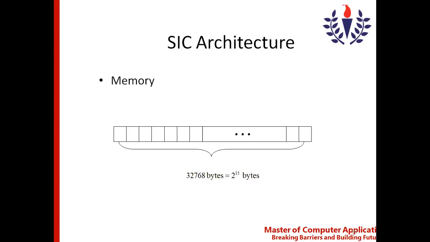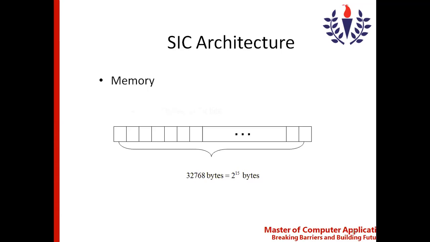The capacity of the memory in SIC is 2 power 15 bytes, which is 32,768 bytes. This is the capacity we have in SIC with respect to memory.